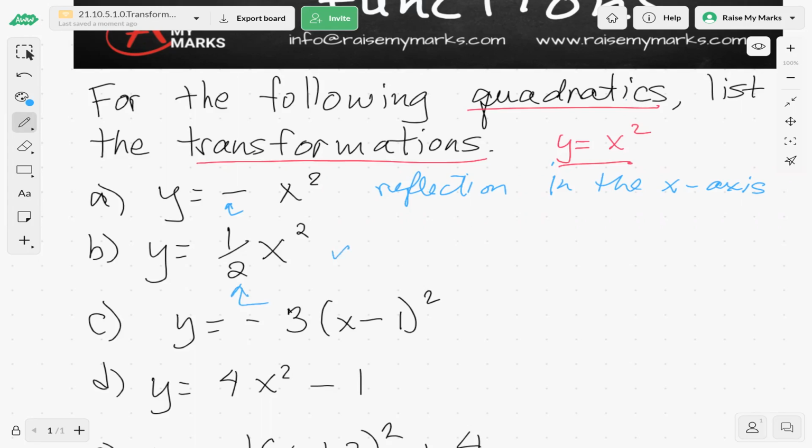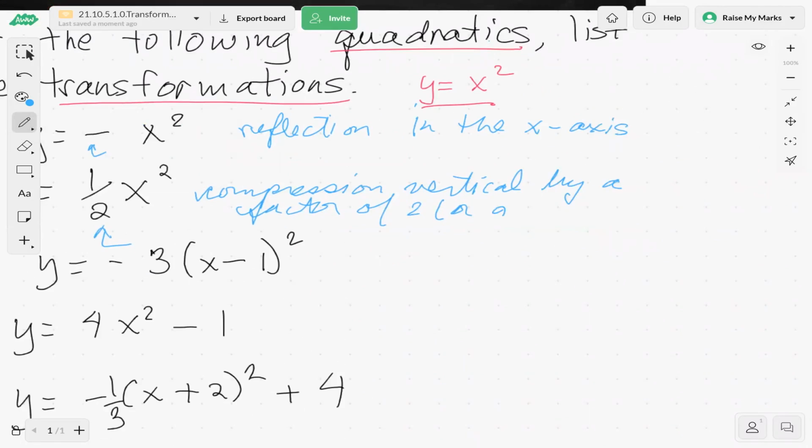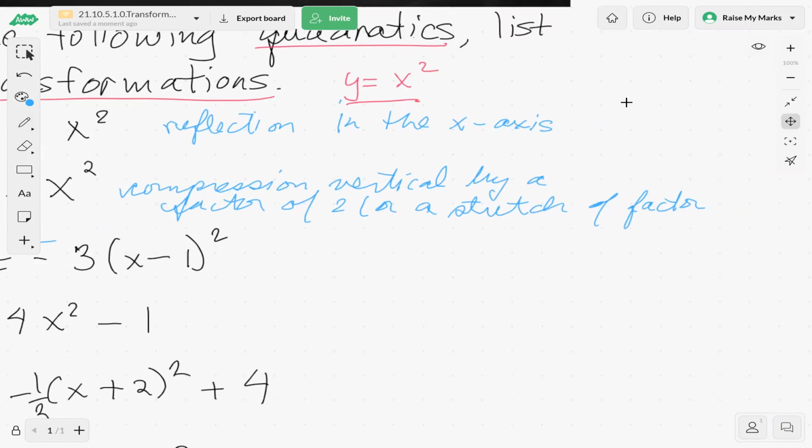This is a vertical compression by a factor of 2, or a stretch of factor 1/2. Compression of a factor of 2, or a stretch of a factor 1/2.